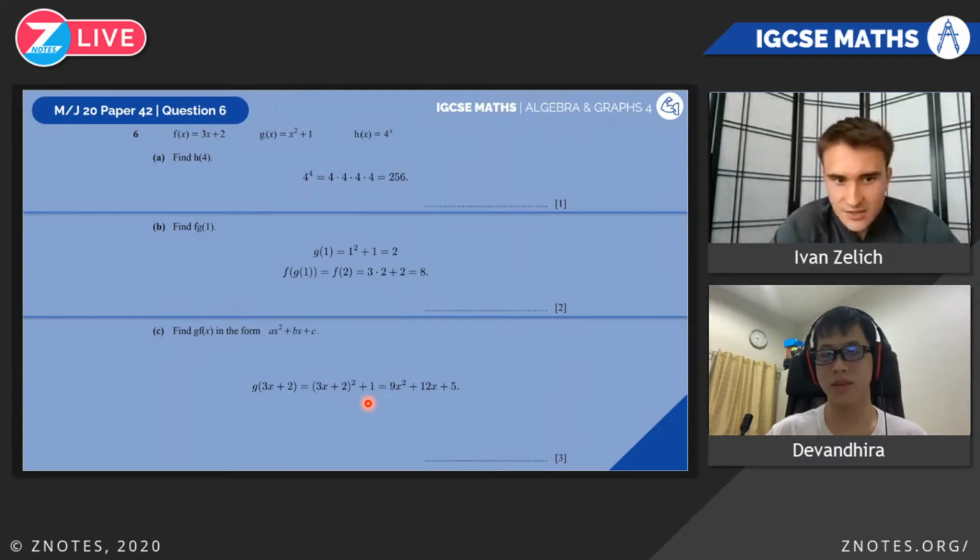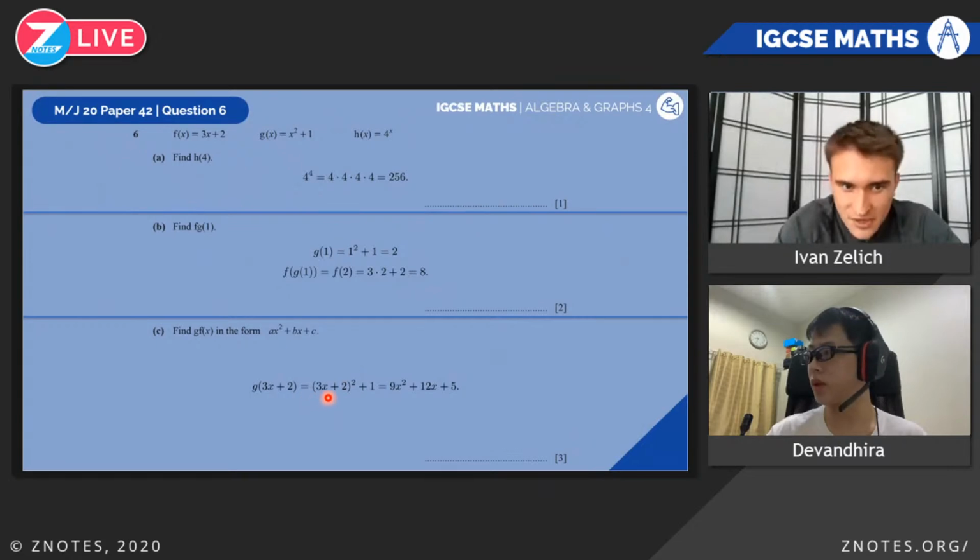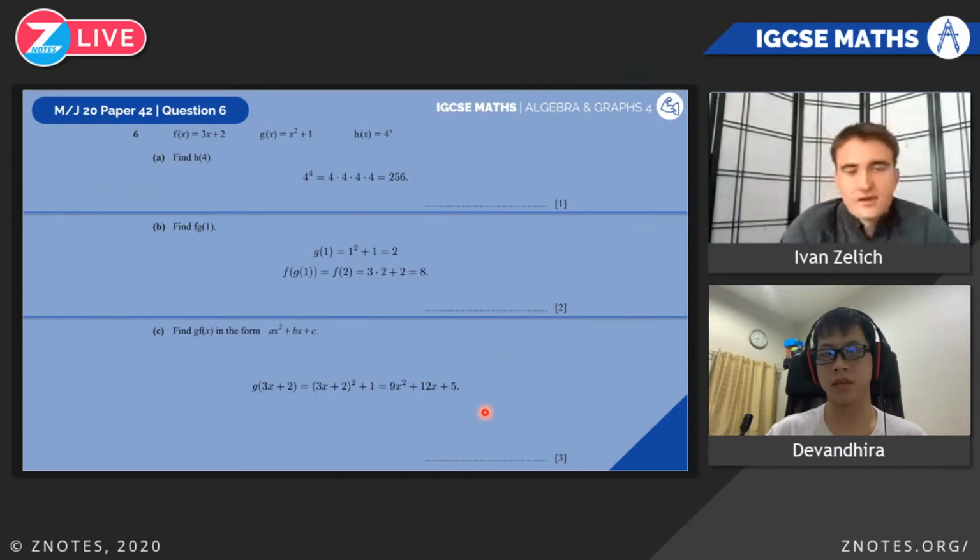And then we expand that using our binomial formula. Just make sure that you do 3x in brackets squared, so that's 9x squared, plus 2 times 3x times 2, so that's 12x, plus 2 squared is 4, plus 1 is 5. And that's our answer right there.